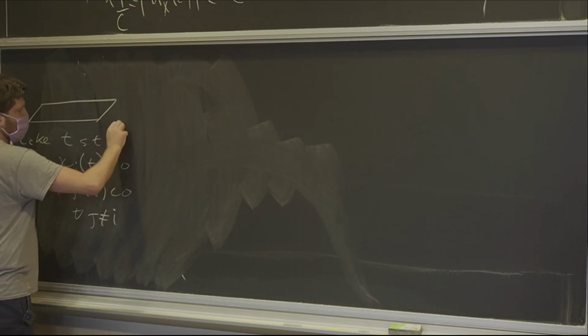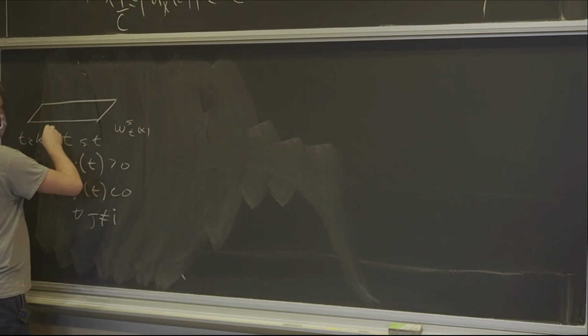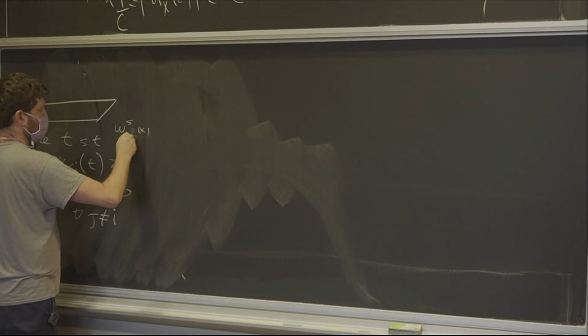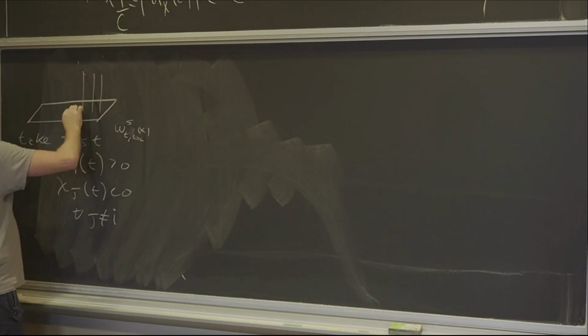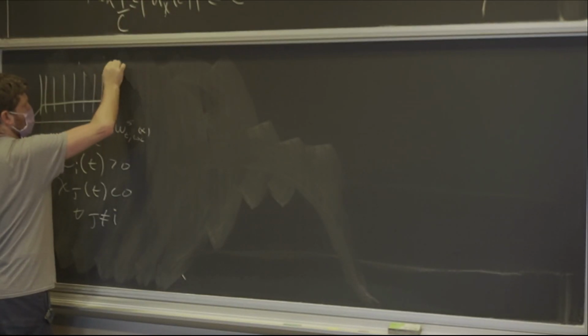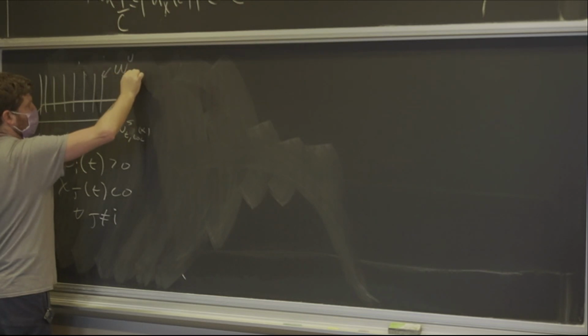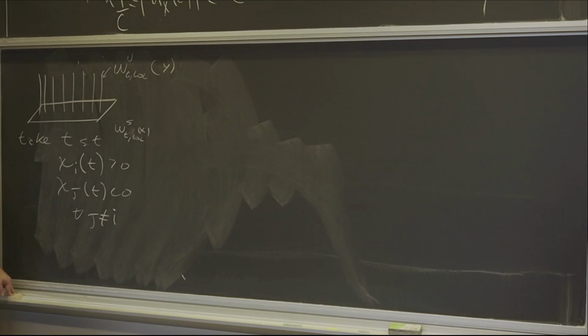Now I take here the local stable manifold of t for the point x, and then I take all these unstable manifolds for points y.